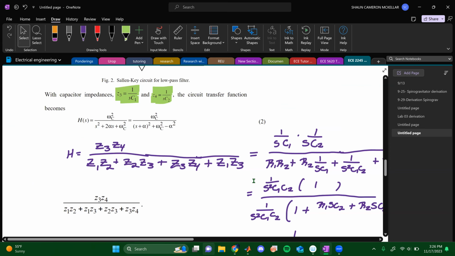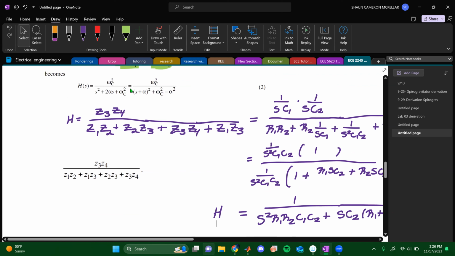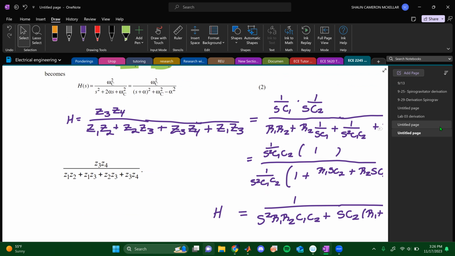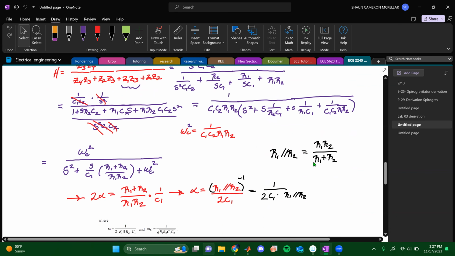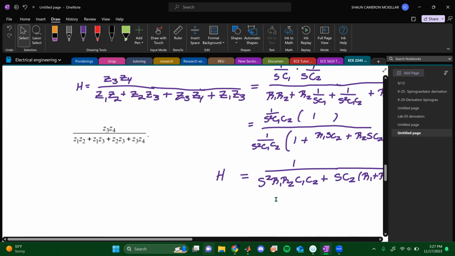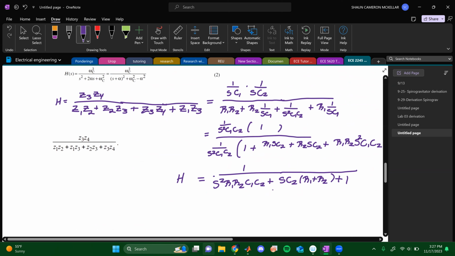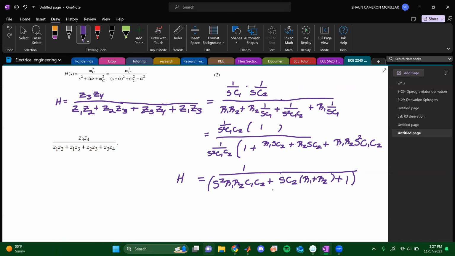Now what we want to do is show that h is equal to this thing up here. Sorry, I keep flicking back and forth between these, but now we just have to identify what each of these terms are. I can see that if I pull out r1 r2 c1 c2, then I will.